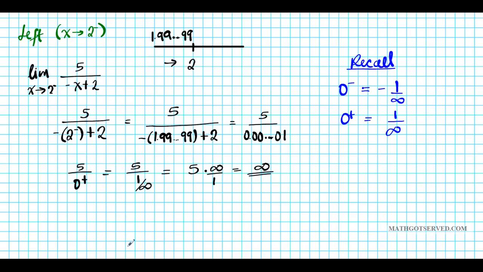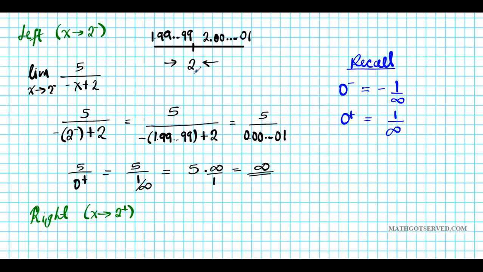The procedure is similar. So our right-hand limit is basically what the limit is as x approaches 2 from the right. Now, what does that look like? That's the smallest number that's bigger than 2, so you're getting really close to 2 from the right. It's like 2.00, infinite number of zeros, 0, 1.